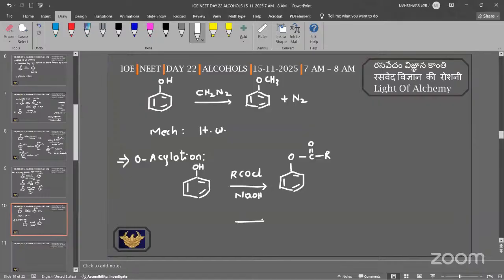Or another reagent is carboxylic acid anhydride, RCO taken twice O, right? This is O acylation.